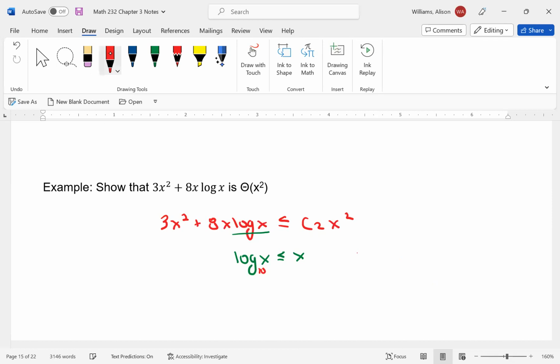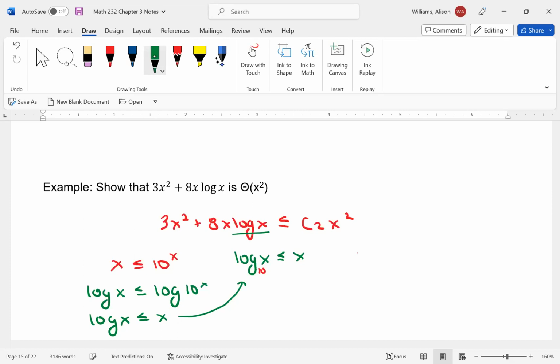The truth is that if we're looking at those two, x is clearly less than or equal to 10 to the x. Clearly, because if x is 1, 10 to the 1 is clearly a bigger number. So if I take the log of both sides, the left side simplifies to x because log of 10 is just 1, and we could bring the x down. So we showed that this is true, which means here's the bigger conclusion now.